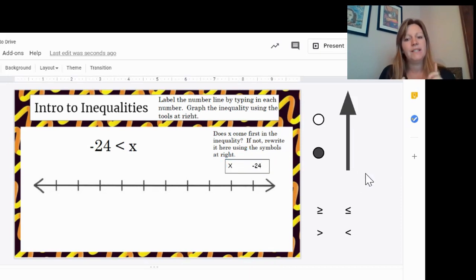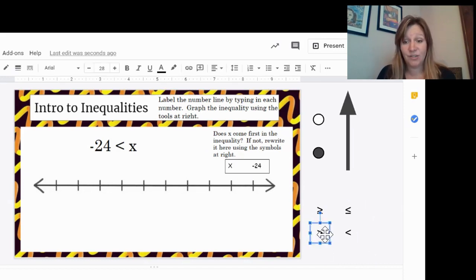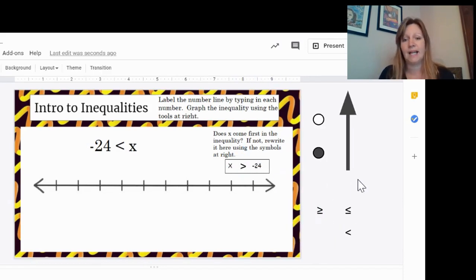But we have a decision to make. If you look at the problem, the mouth of the inequality symbol is open to the x. It has to stay open to the x. So which one of these four do you think that I'll use? If you said this one right here, you are correct. The mouth has to stay open to the x, just like it was open to the x before.